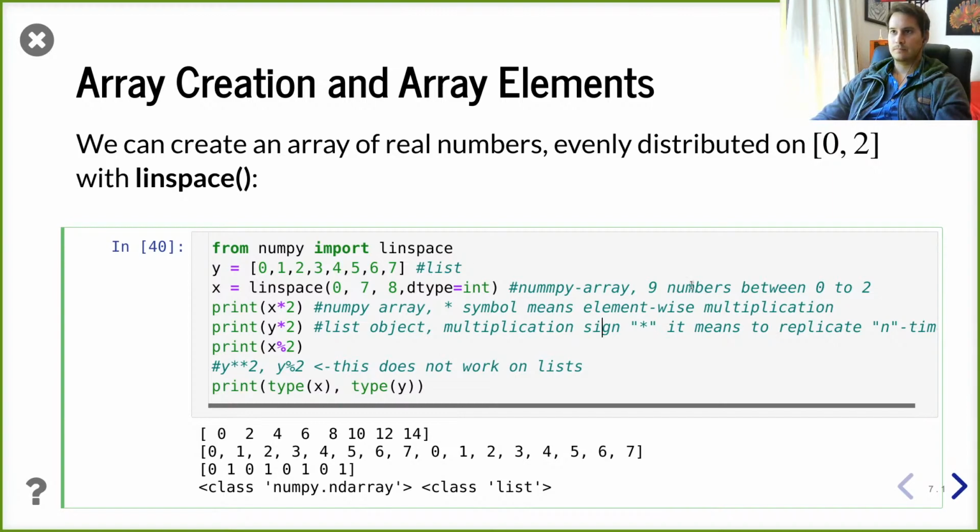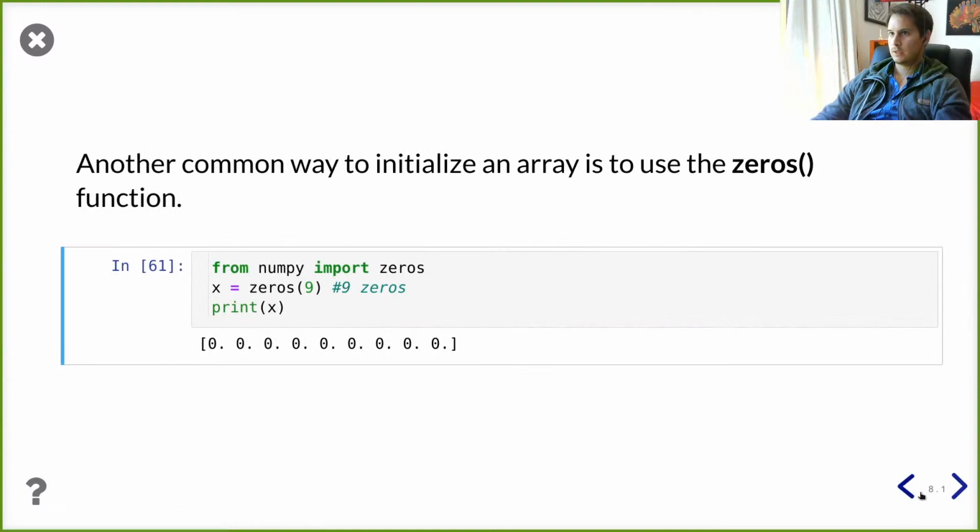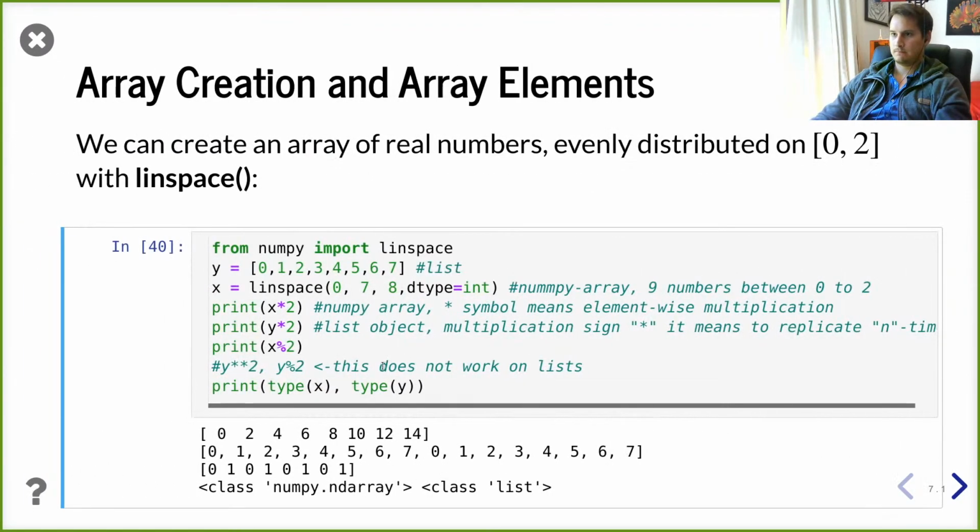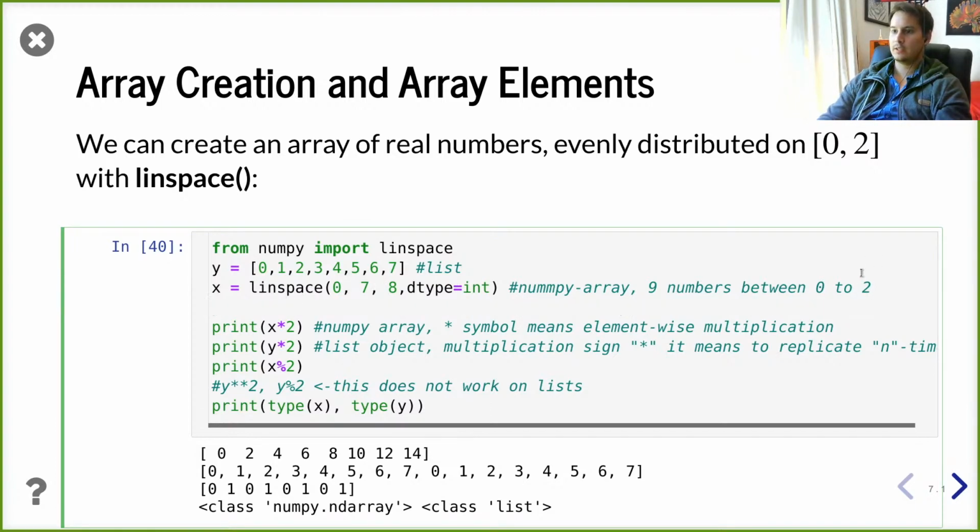I have a question. How do you create an array manually with the numbers you want? I mean, because linspace creates a matrix with regular numbers between an interval that you give it. But if you want to control all the numbers of the matrix. Yeah, that's a good question. An alternative way to do it, just by writing, here I need to import array. This is another way to do it that is completely equivalent.